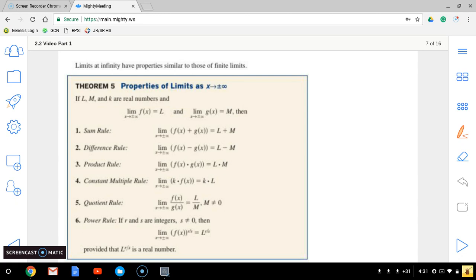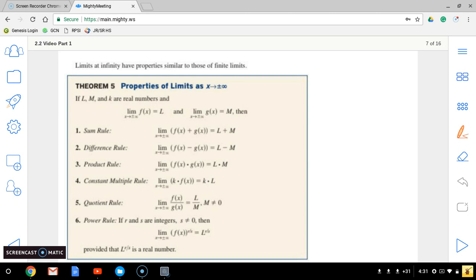The constant multiple rule is when we multiply our limit by a constant. The quotient rule is when we divide, but we have to make sure that the limit of g of x, or M, does not equal 0.